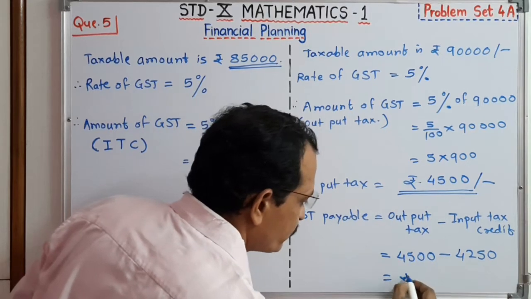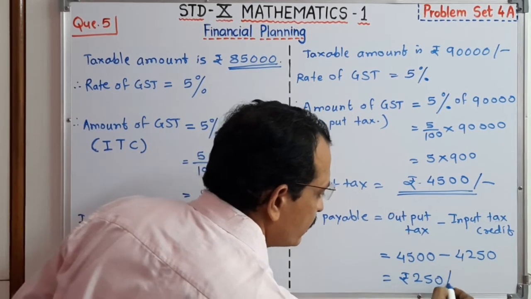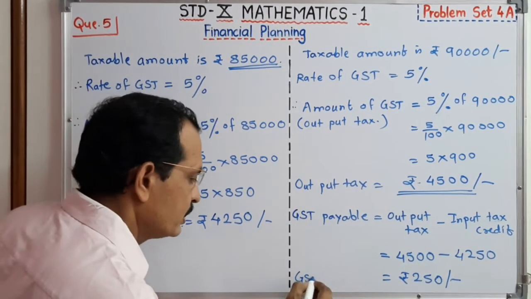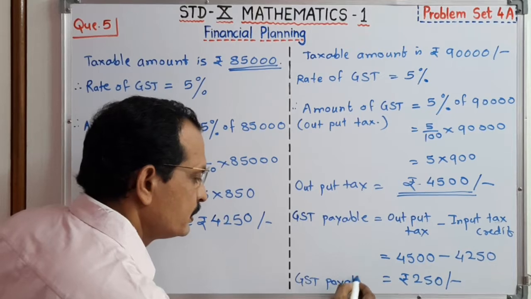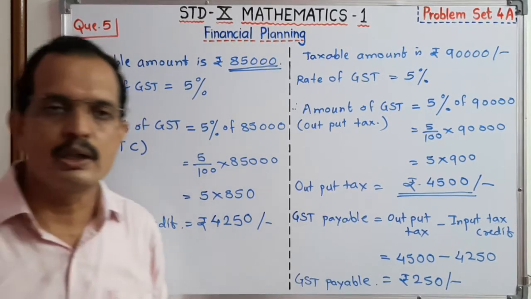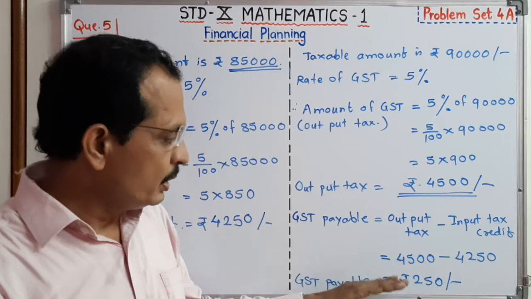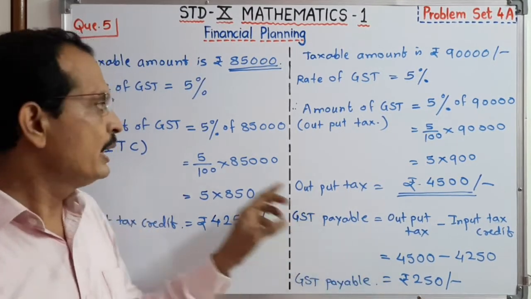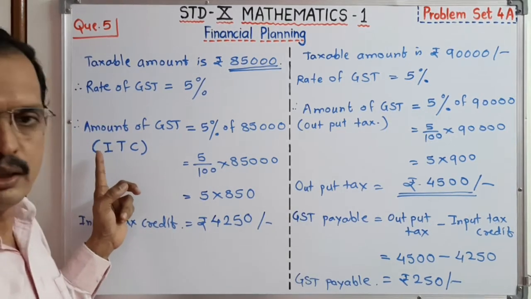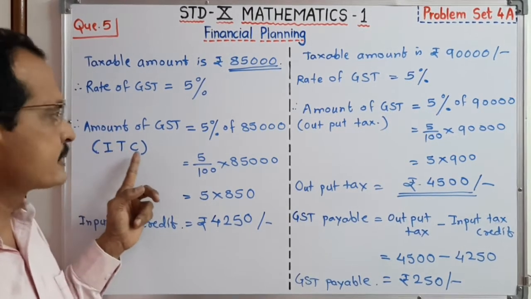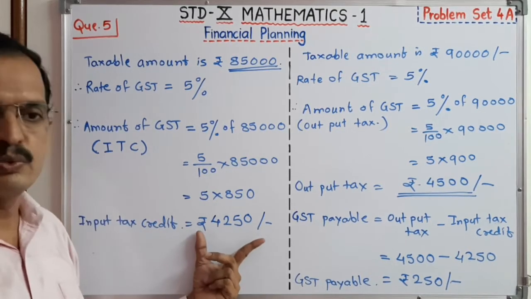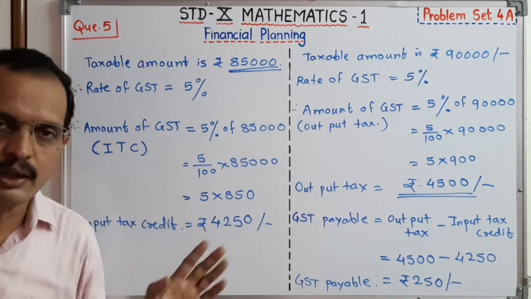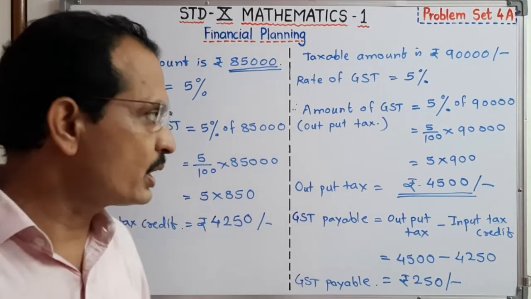Dear student, it is rupees 250. Therefore, GST payable is rupees 250. See the final answer. GST payable is rupees 250, and second we have to write the input tax credit. Input tax credit is rupees 4,250. Very simple. Write down in your notebook. We have to start with the next sum.